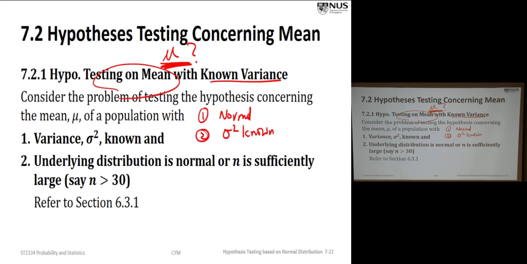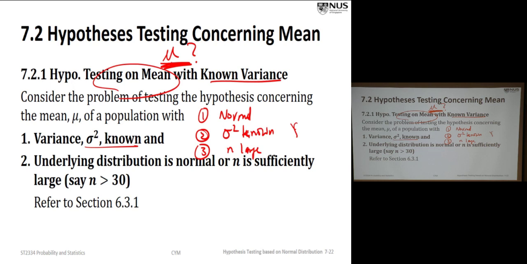So sigma square is known. And the third one, you may need it or you may not need it, is whether the sample size is large. So you have to consider these three different criteria. Here we say that if sigma square is known, this is yes.